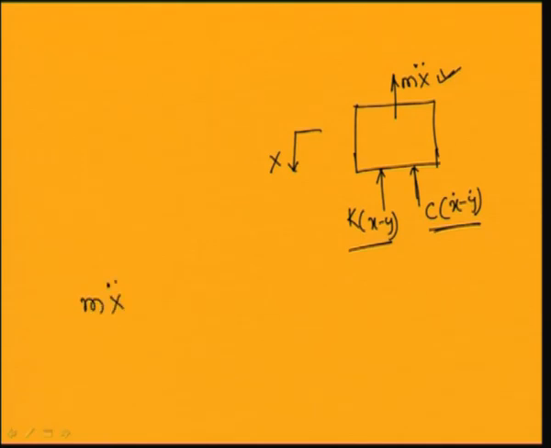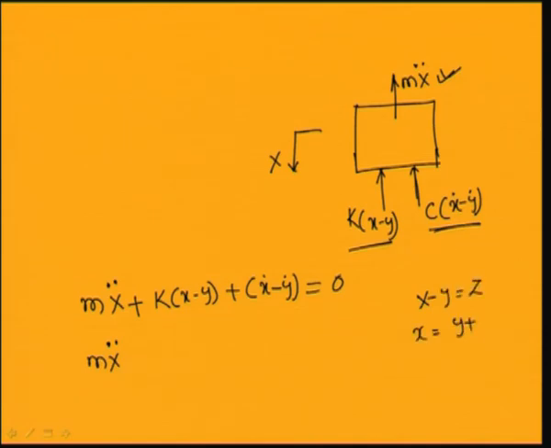That is, m x double dot plus k(x minus y) plus c(x dot minus y dot) equal to 0. Now I write x minus y equal to z, so x will be equal to y plus z.